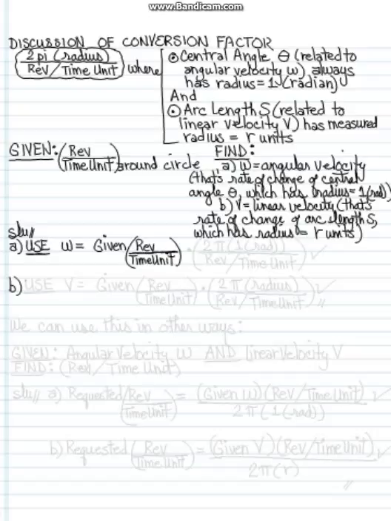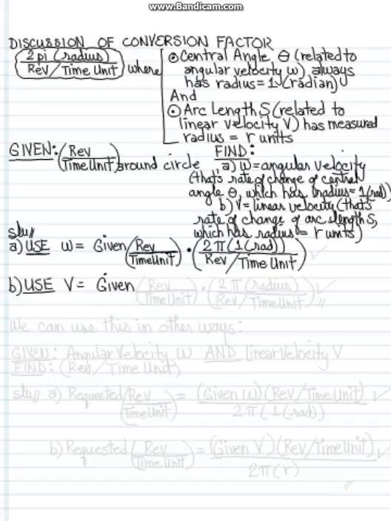times a fraction, which is our conversion factor, 2 times pi times 1, where the units for that 1 are radians, which we don't usually write, divided by the number of revolutions per time unit. And that's going to give us our omega. For part B, where they ask us to find the linear velocity, we're going to use this formula.